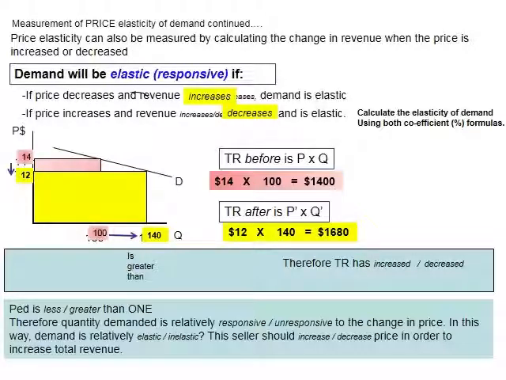And so, as a rule, we prefer you to use the midpoint formula because it's just that little bit more accurate. And the only time you should use the percentage change formula is where the question actually provides only percentages, and then you simply substitute it in.